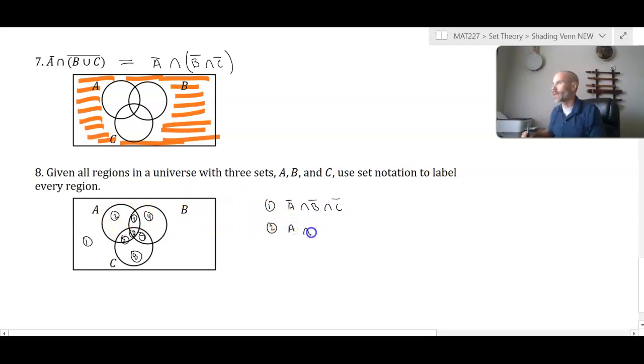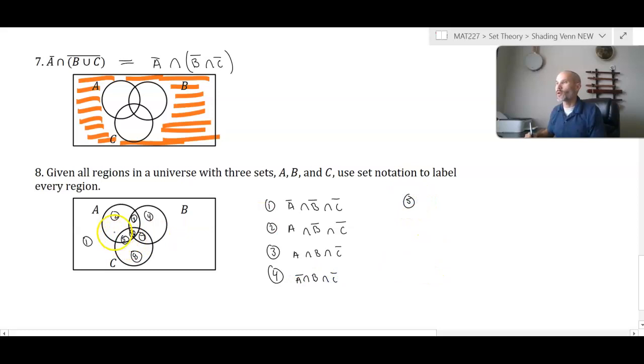So that's going to be art and not in biology and not in chemistry. Region 3, we are both in art and biology, but we're not in chemistry. Region 4, well, that would be just in biology. So yes, biology, no art, no chemistry.